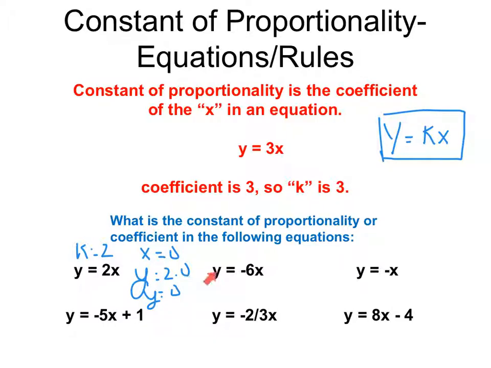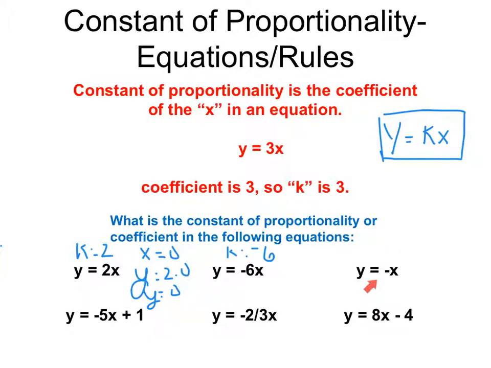In this example, it looks like the direct variation equation, and it is, and my k value is, in this case, -6. In this example, y is equal to -x. At first glance, you might say, well, that's really not direct variation.